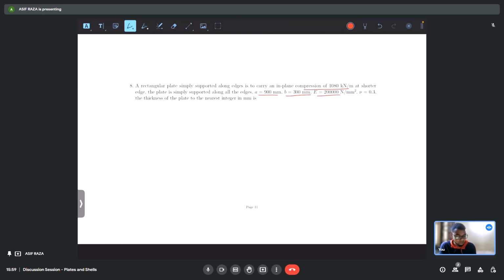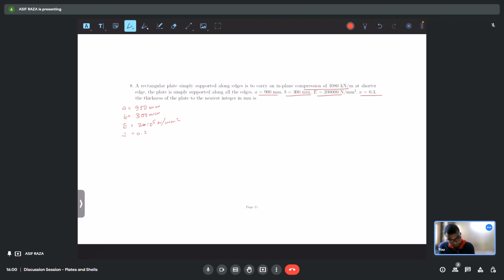Young's modulus is 2 × 10⁵ Newton per mm square and Poisson's ratio is 0.3. We need to find the thickness of the plate to nearest integer.